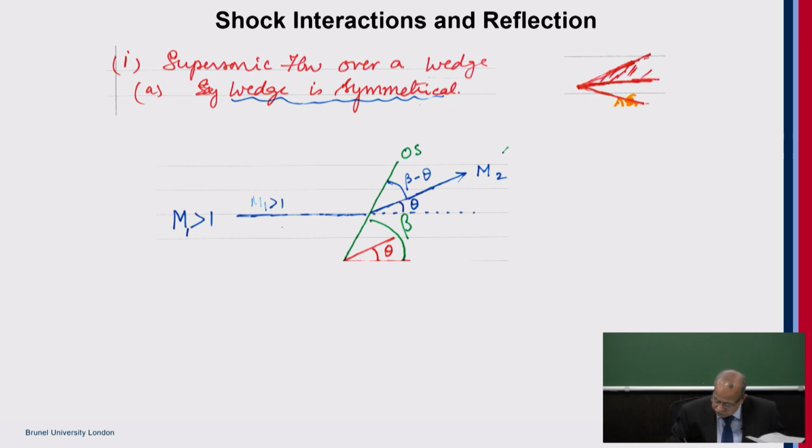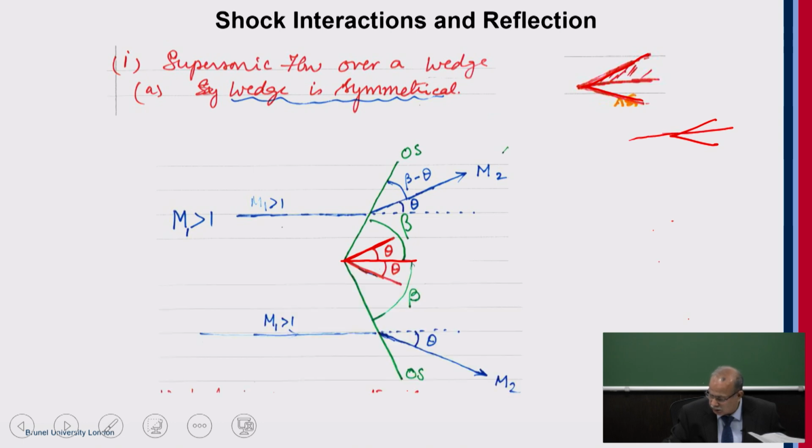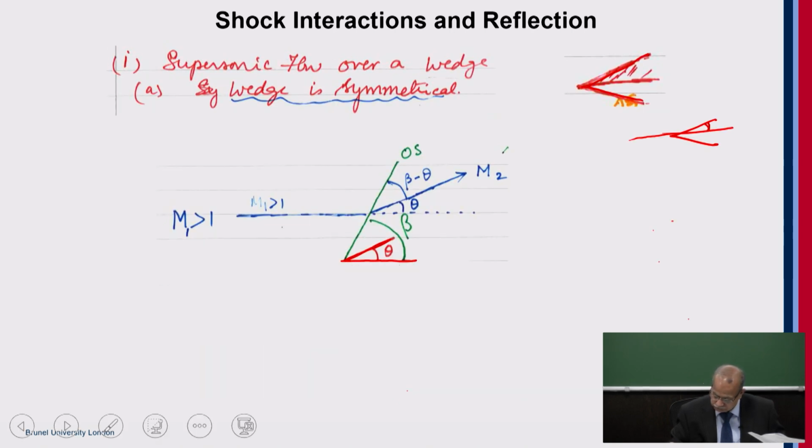So for example, if you have a wedge here, when the flow encounters a wedge, the half wedge angle will be the turning angle theta. So the flow that comes in here will encounter this oblique shock and will turn exactly by the angle theta.